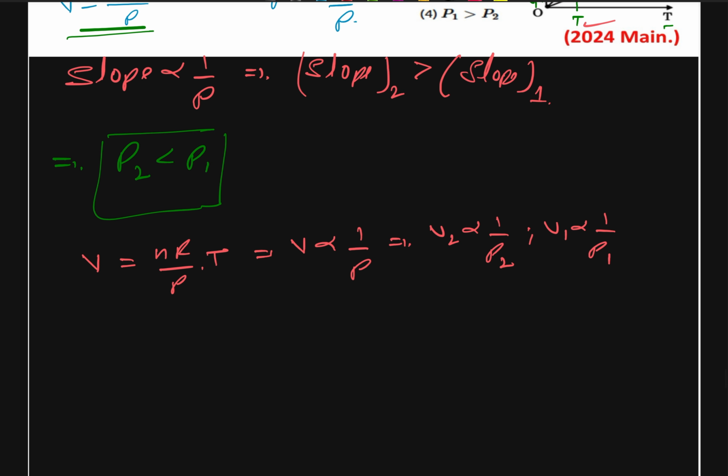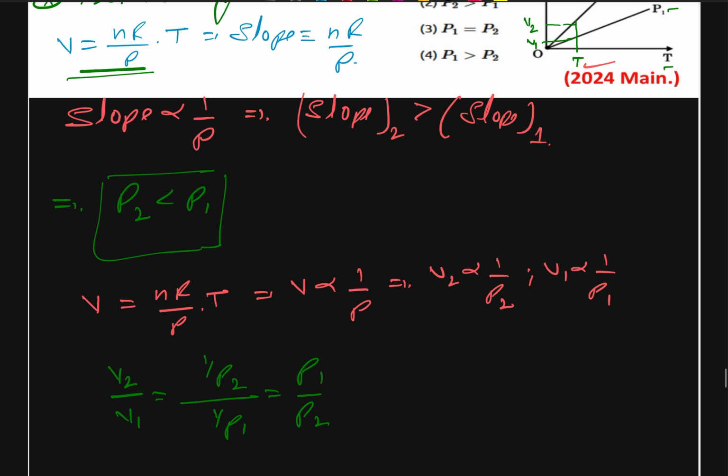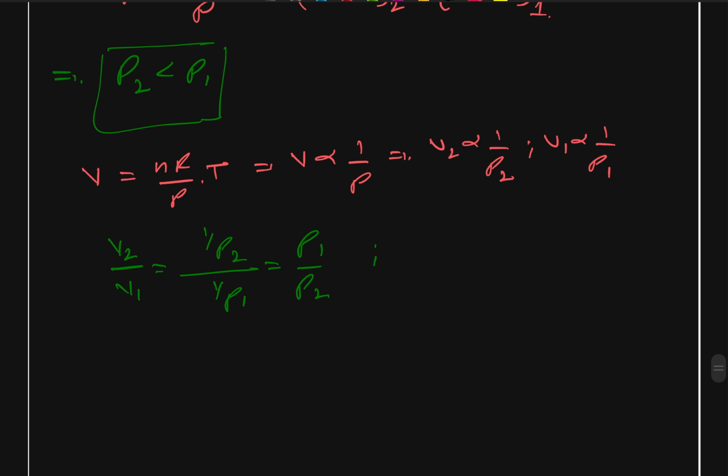So if we write the ratio, V2 upon V1 is equal to 1 upon P2 over 1 upon P1, which gives us P1 upon P2, and from the graph we know that V2 is greater than V1, or we can say V2 upon V1 is greater than 1.